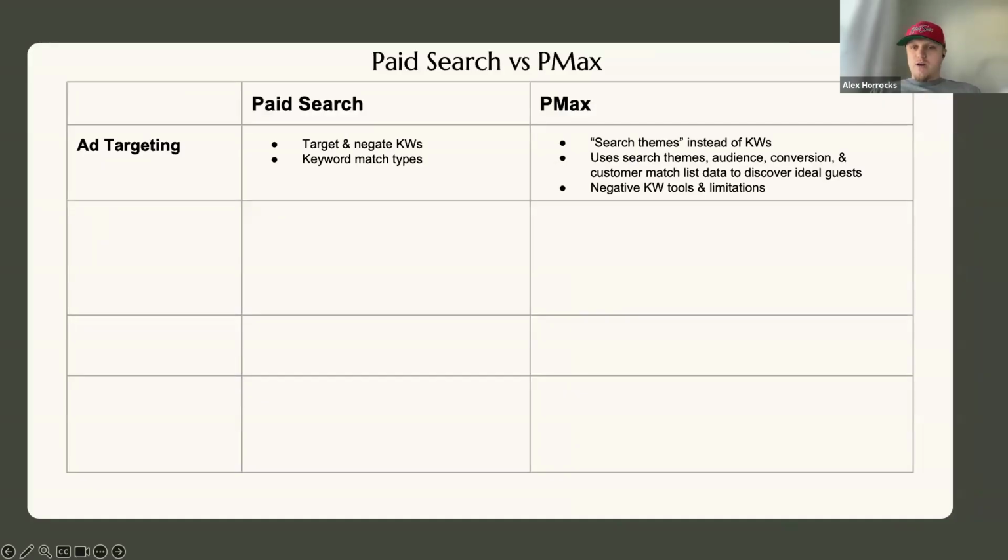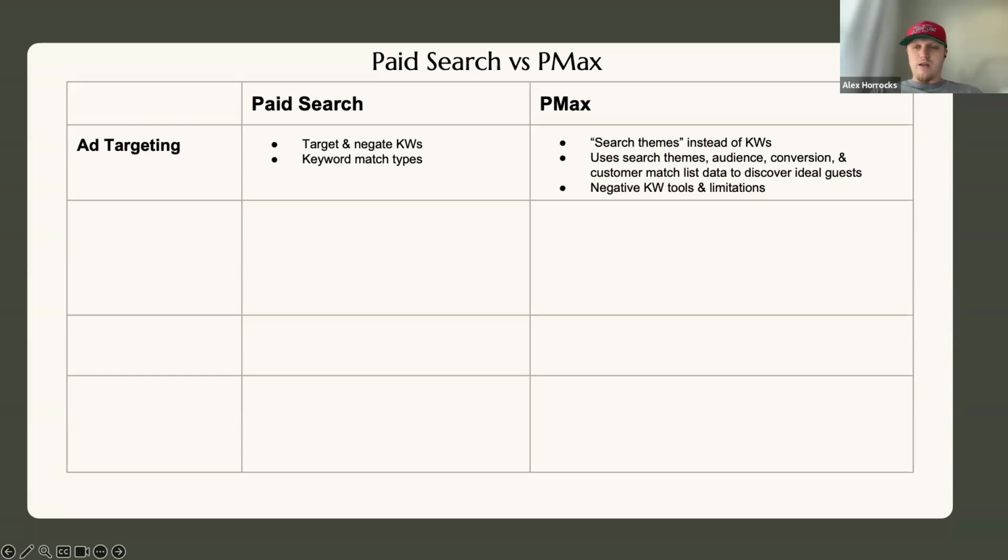Starting off with ad targeting, paid search allows a lot more precise control. You can tell Google which keywords you want to target and bid on, and you also have the ability to see which keywords are triggering your ads but that you are not bidding on, in a report called the Search Terms Report, and we'll get to that in a moment.